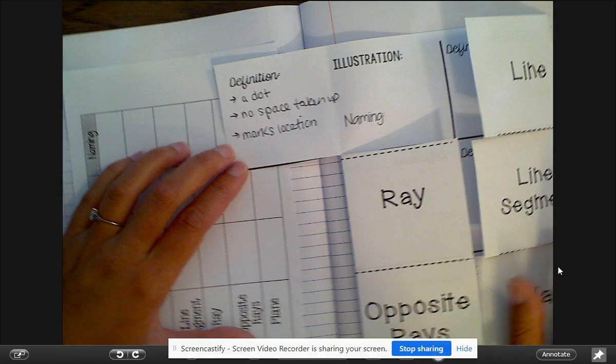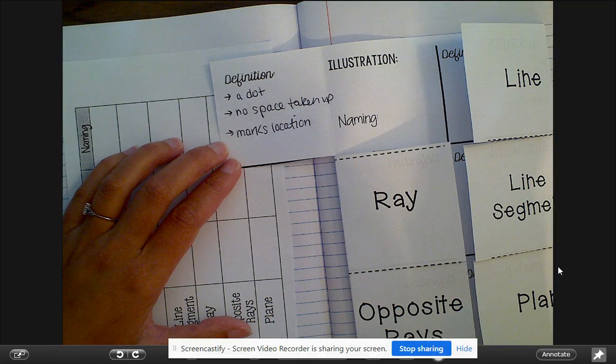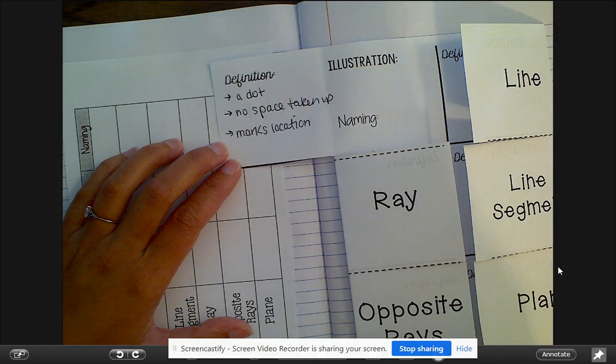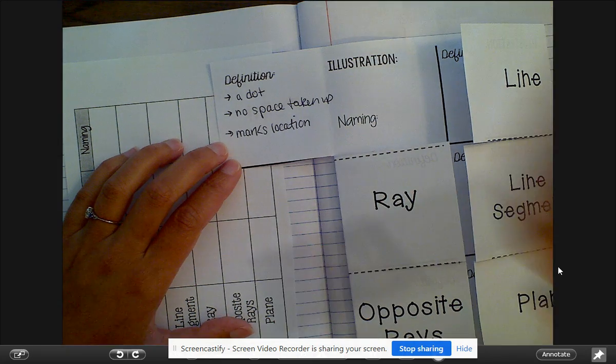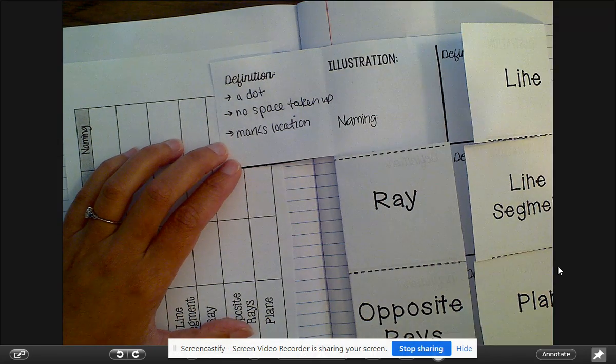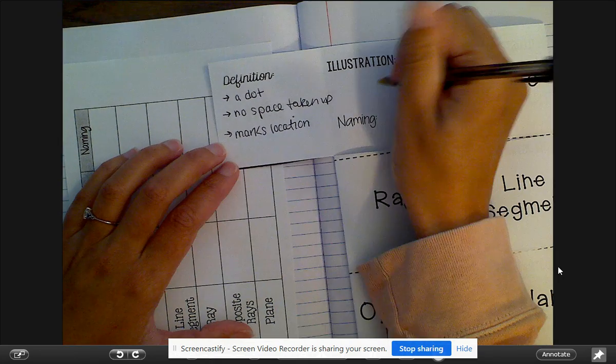So the way I always think of it is if I go to Google Maps and I want to figure out where Cops and Robbers is, you're typing in Cops and Robbers and it puts a pin exactly where that is. That's all a point is. It's going to mark a location for you. It's just going to put a dot right exactly where it is. And when we're going to draw it, that's what you want to do too.